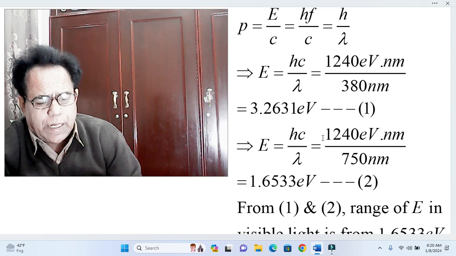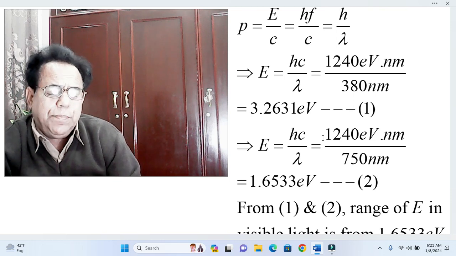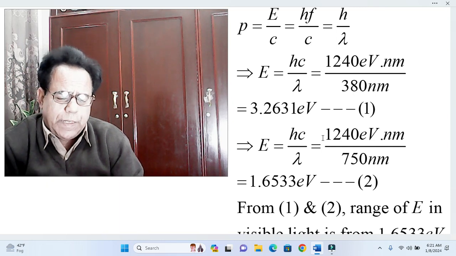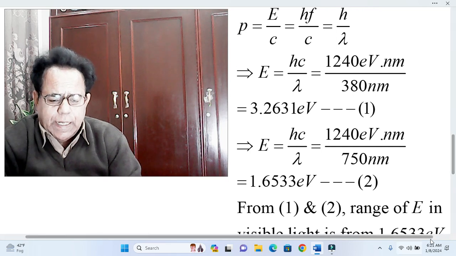we are using the other wavelength, that is 750 nanometer, and here again the same will be done in this subsequent case, that is to say nanometer will be cancelled with nanometer, and our energy of photon will become equal to 1.6533 electron volt.